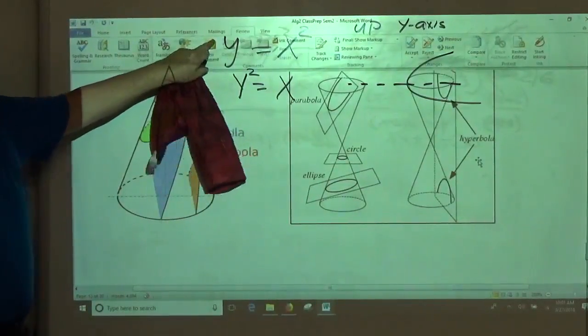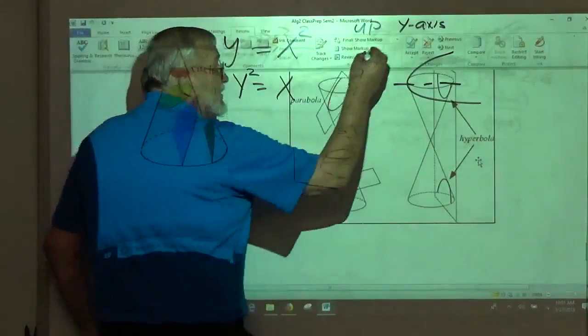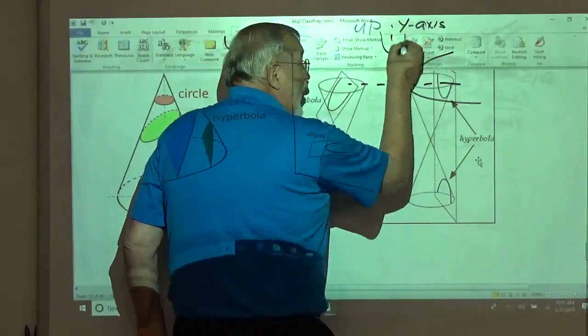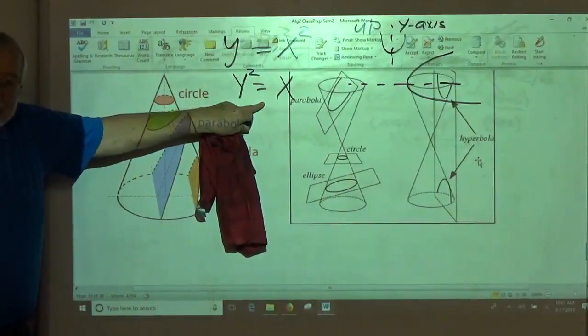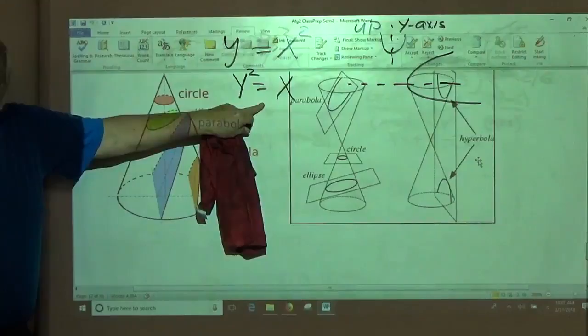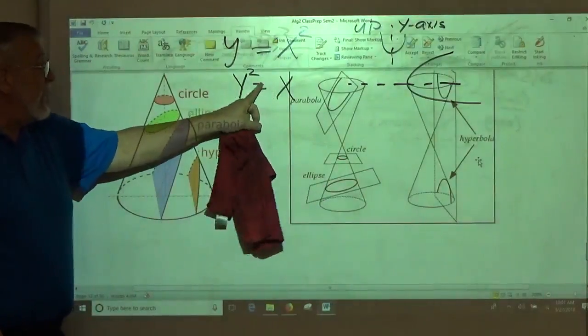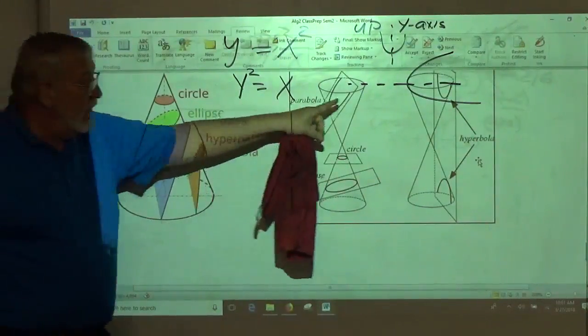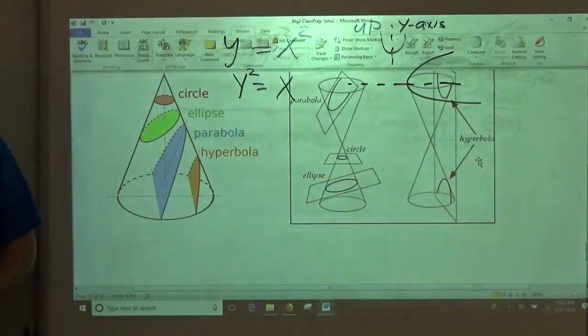Now, because you know this one, and you know that the axis is along the y, then you should be able to figure this one out without having to memorize what it looks like. I don't memorize that one, I just figure it out. Okay, makes sense? Now, what would happen if this was a negative here? Then instead of opening positive, it's flipped around and opening negative. Make sense? Okay, all right, good.